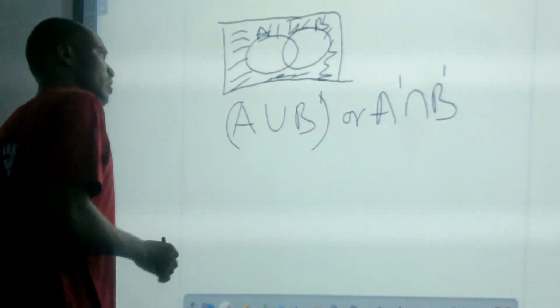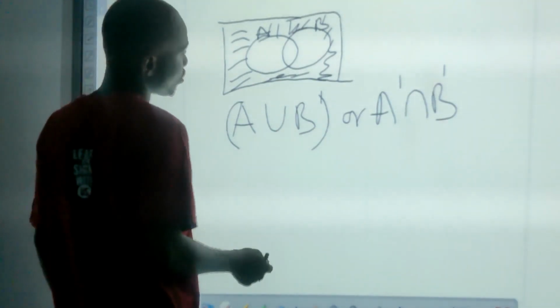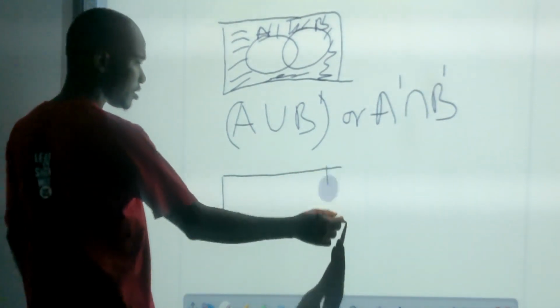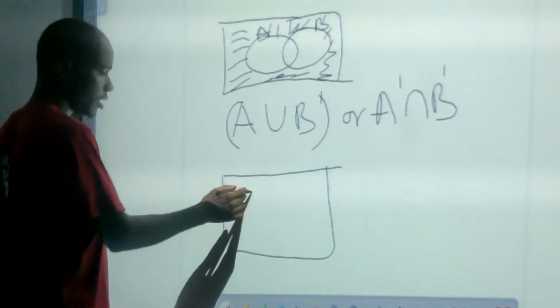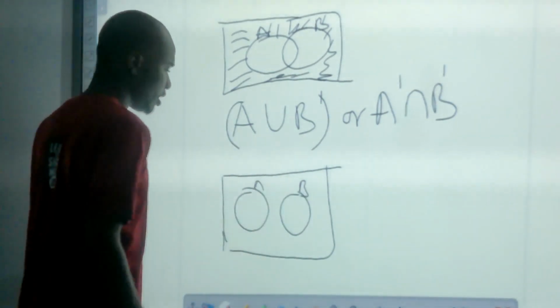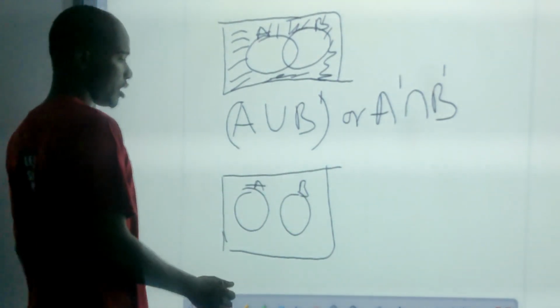Another thing you can define in sets, in two sets, is this. We call that disjoint sets. A, B, this is B, this is A, and they do not meet. Is that okay? So we can say A and B are disjoint.